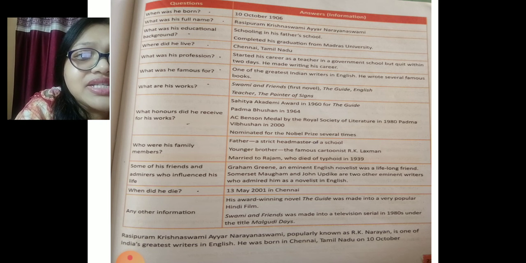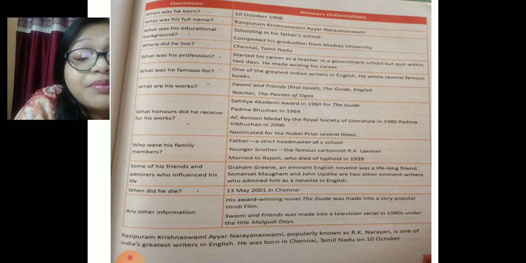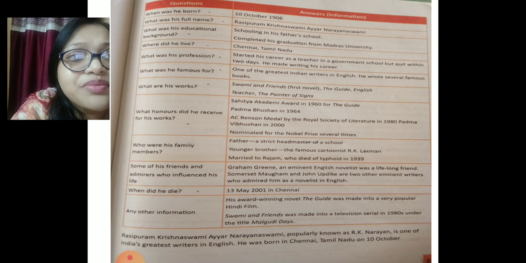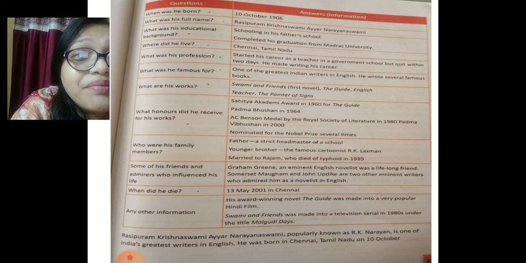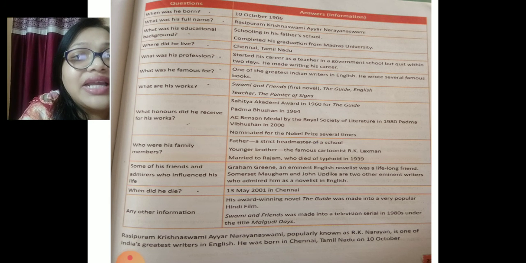Some of his friends and admirers were Graham Greene and Somerset Maugham. He admired these personalities and drew inspiration from them. When did he die? 13th May 2001 in Chennai. Any other important information? The Guide was made into a popular Hindi movie. Swami and Friends was made into a television serial, and so on. So this is the fact file which you need to collect similarly.